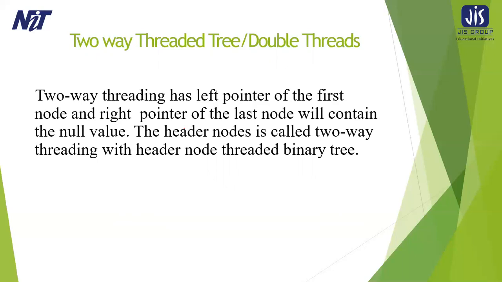In the one-way thread, only the right pointer is replaced by the thread, but in a two-way threaded binary tree, both pointers will be replaced by threads. Only the left pointer of the leftmost or first node and the right pointer of the last node remain null.